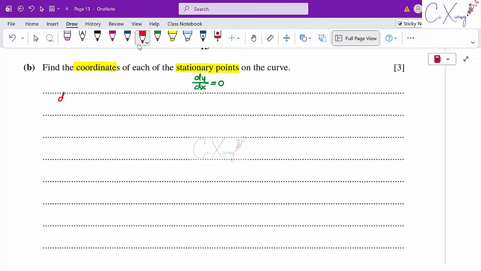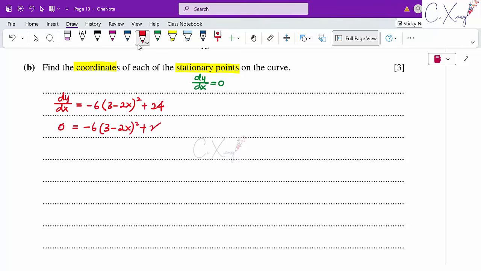Let's recall back. What is the dy/dx that we got just now? From part A, the dy/dx answer is negative 6 times (3 minus 2x) squared, plus 24. I have to let dy/dx equal to 0 when I'm having a stationary point.